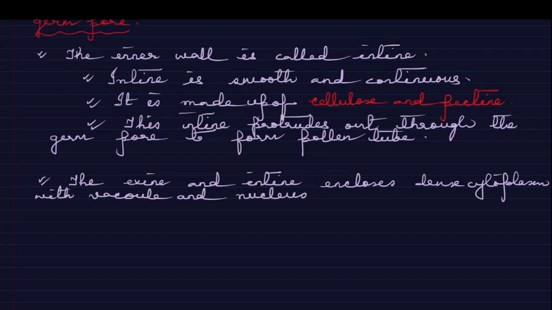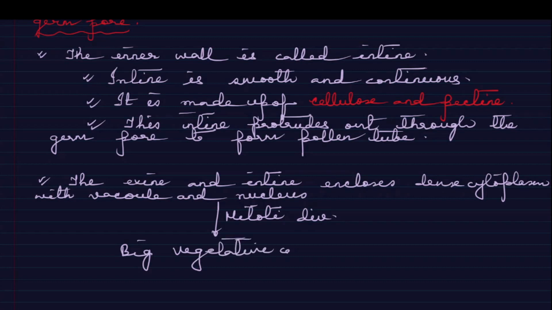Then what happens? It divides, how? Mitotically. Then what are formed? Big vegetative cell plus small generative cell. Clear?